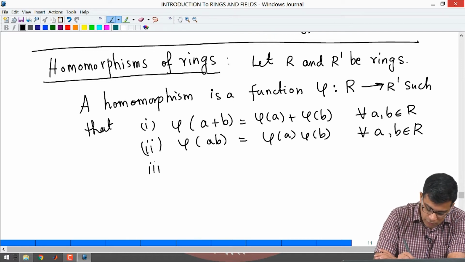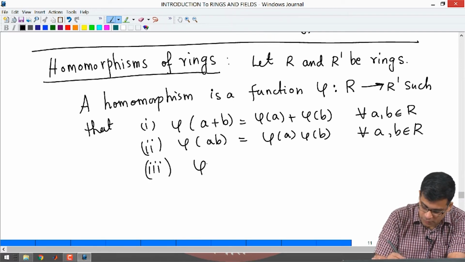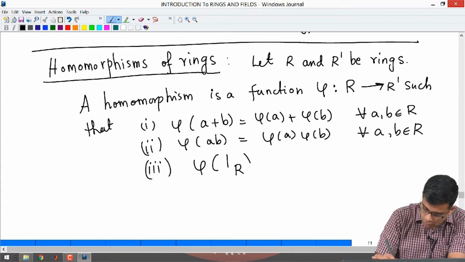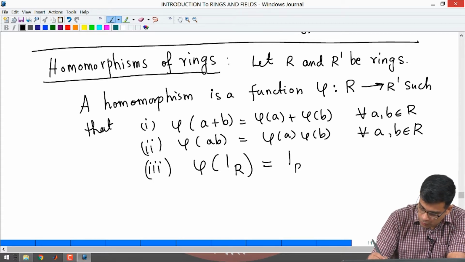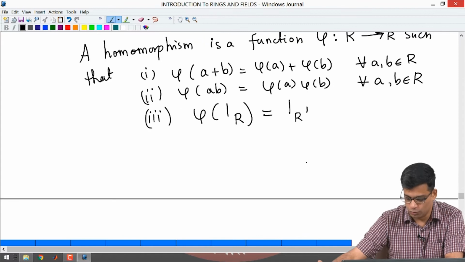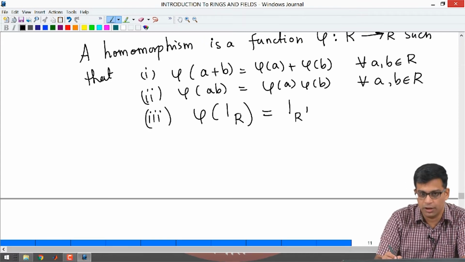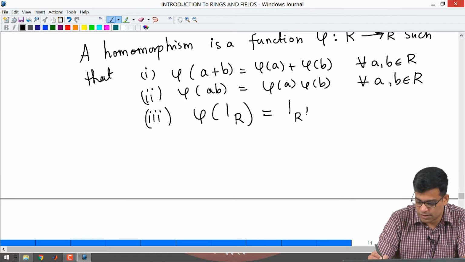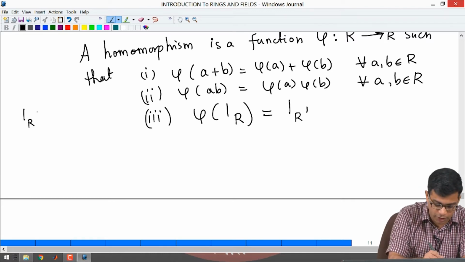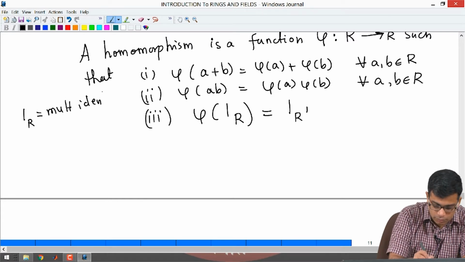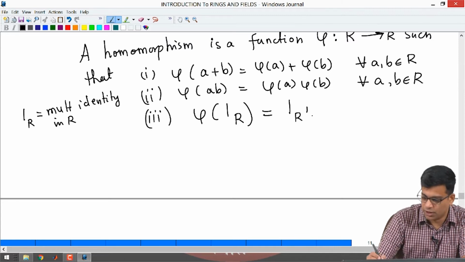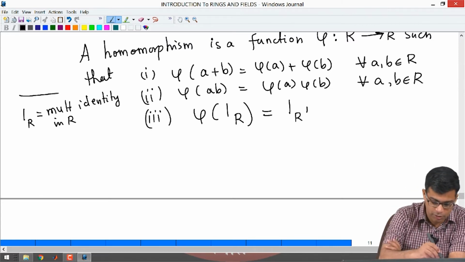The third and very important property for a ring homomorphism is phi of 1 R should be 1 R prime. I am going to do this just once, so that you are familiar with 1 being the identity element of R versus 1 being the identity element of R prime. So, this is the multiplicative identity in R, and similarly 1 R prime is the multiplicative identity in R prime.